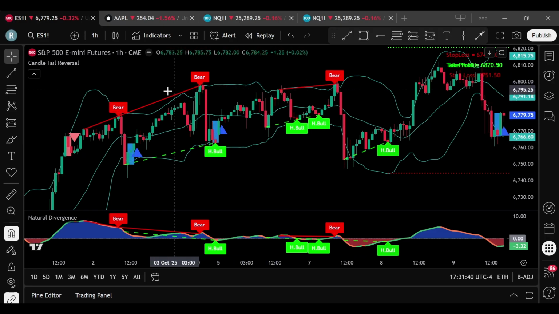Just these three right here, if you look for divergences into the premium side of the candle tail reversal, is offering great moves as well.